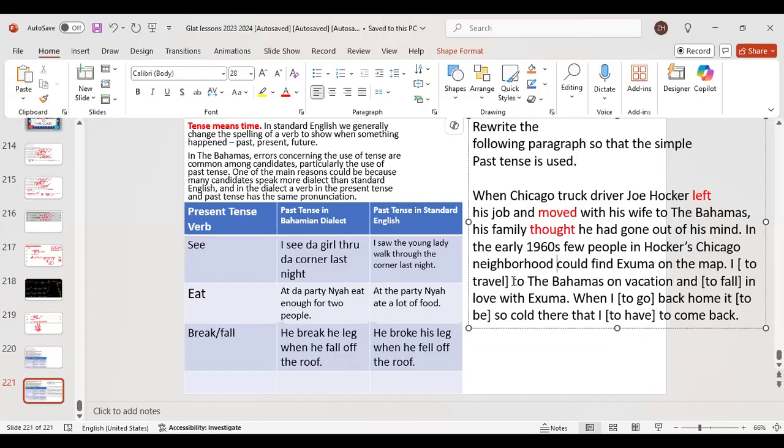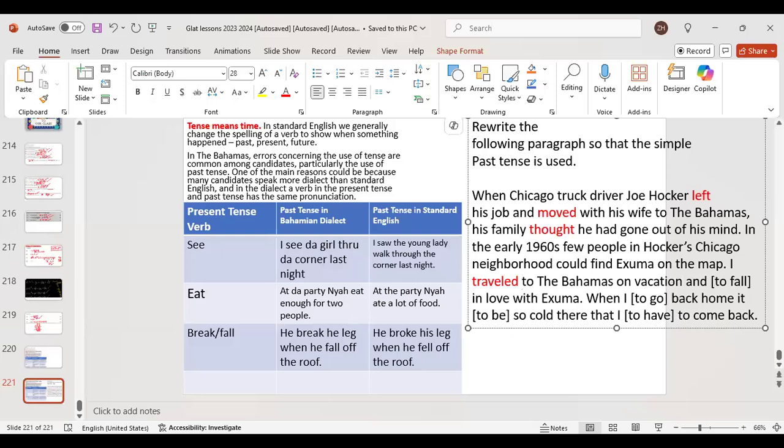I to travel: traveled. Spell it. T-R-A-V-E-L-E-D?